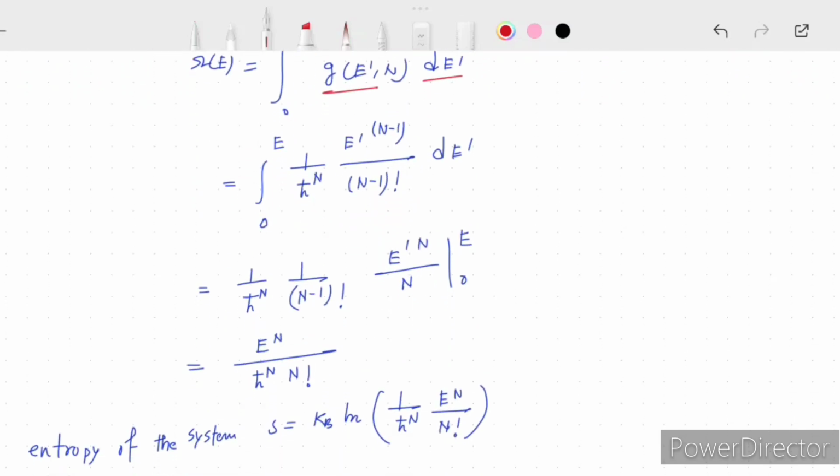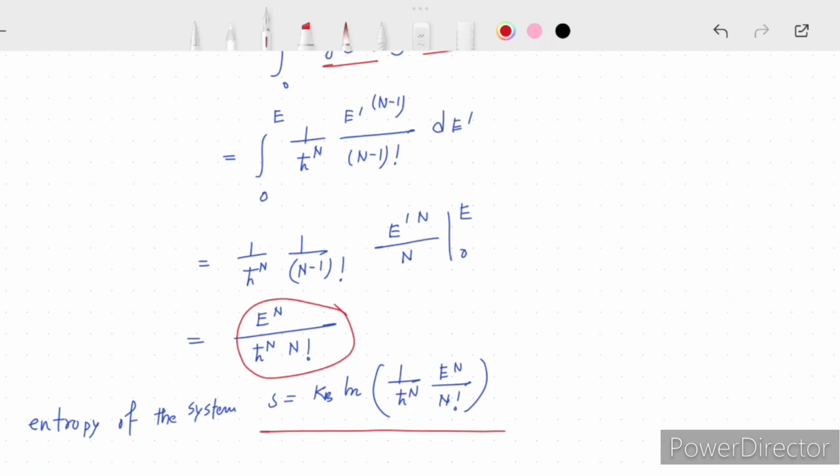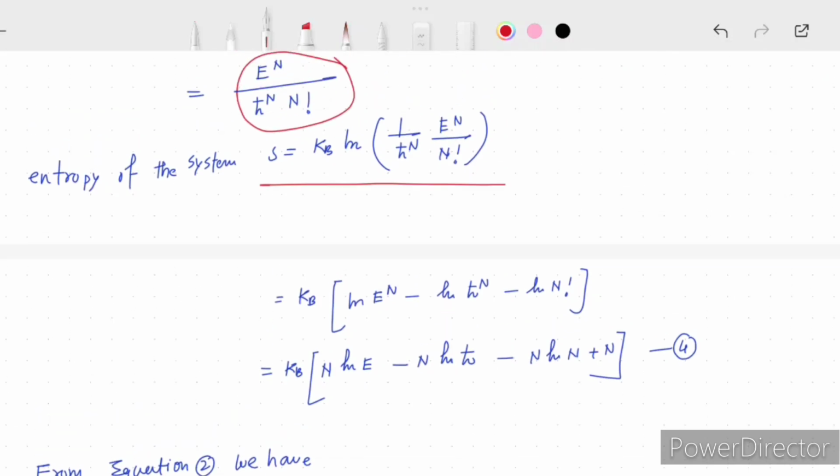Finally we get the number of microstates equals E to the power n upon h cut to the power n n factorial. So the entropy of the system is Kb ln of 1 upon h cut to the power n, E to the power n upon n factorial. Now we simplify this and get entropy as Kb times n ln E minus n ln h cut minus ln n factorial.